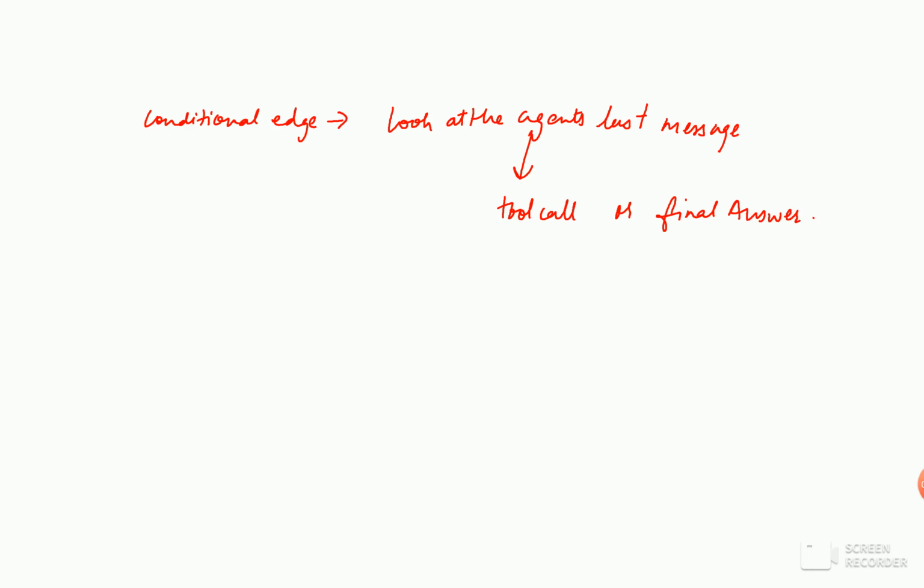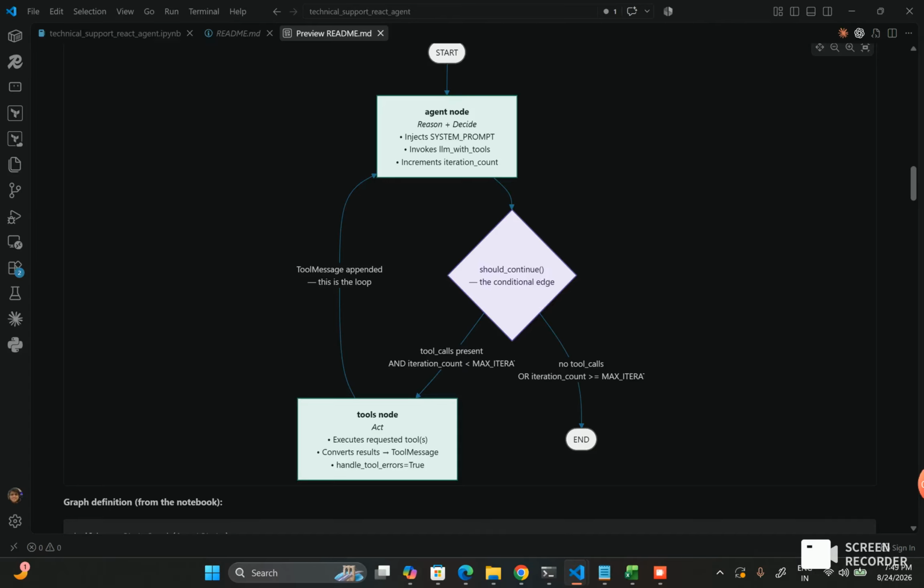If it requested a tool, we go to the tools node. If not, we go to end. Now here it would be more clear. If it requested a tool, it goes to the tool node.